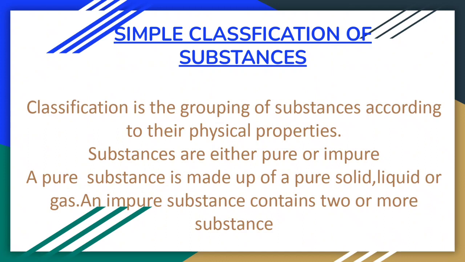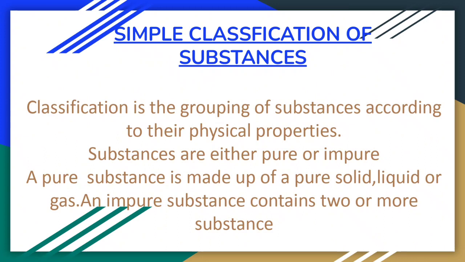And we also have gases, which are pure. For example, if we prepare oxygen gas in the laboratory, before it is contaminated, it's a pure gas. And so those are examples of pure substances.